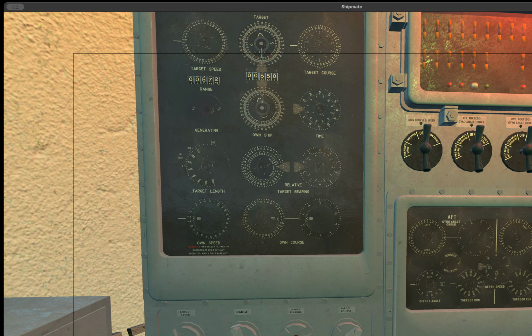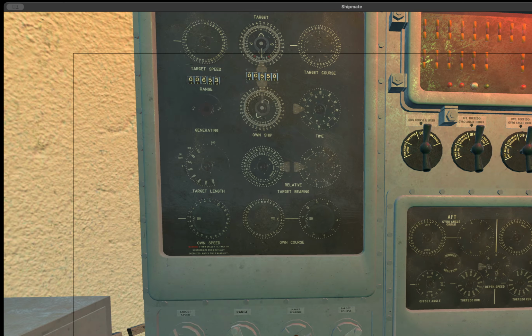We can change the input value to the TDC by changing the position of the mouse wheel. But if we hold Shift, we can change it very fast, as you can see.